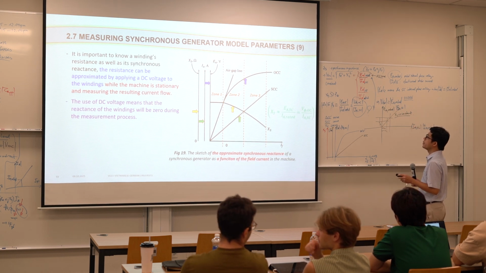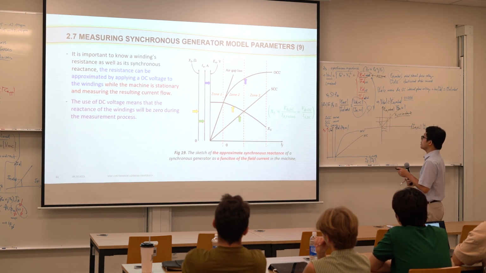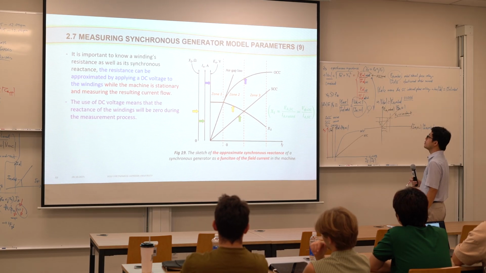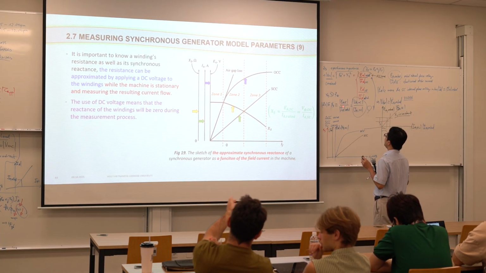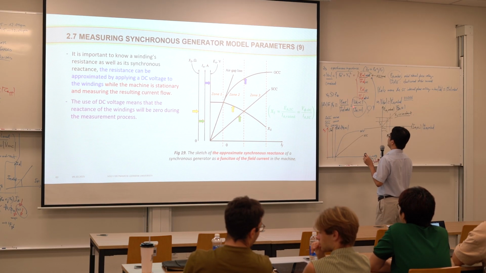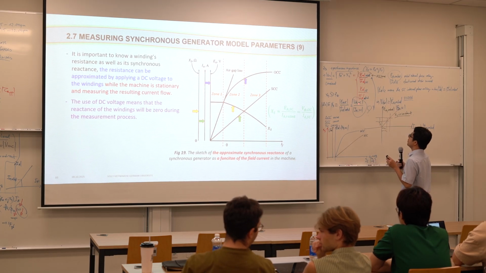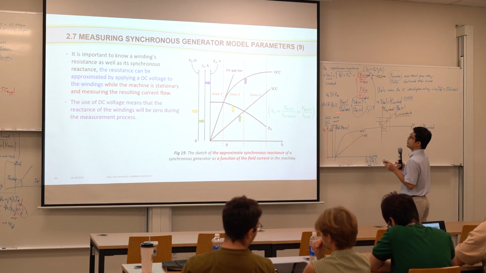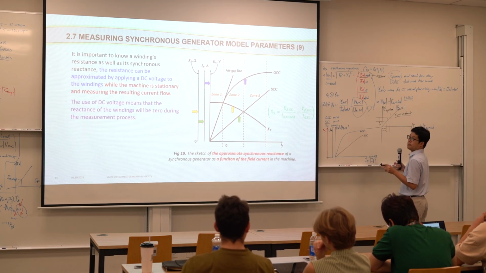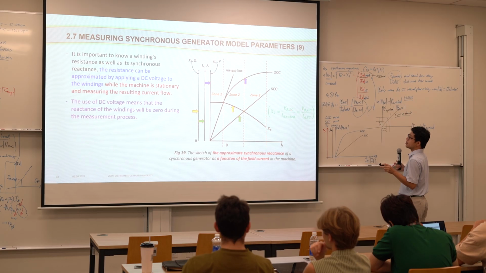And look, XS is in ohms, as volts over amps. XS is V phase open circuit divided by IA short circuit, or EA short circuit divided by IA rated.